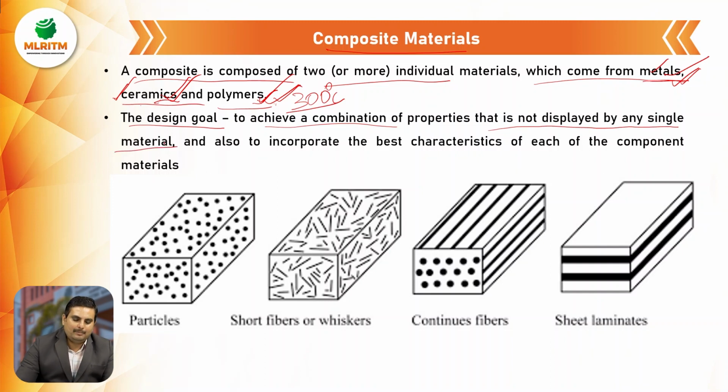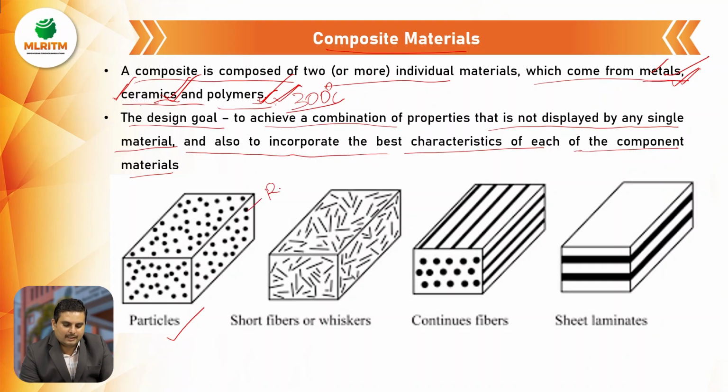It means we are combining two materials such that we get different properties, and it also incorporates the best characteristics of each component material. In composites, we use particles as the reinforcing material. The other one is the matrix material.